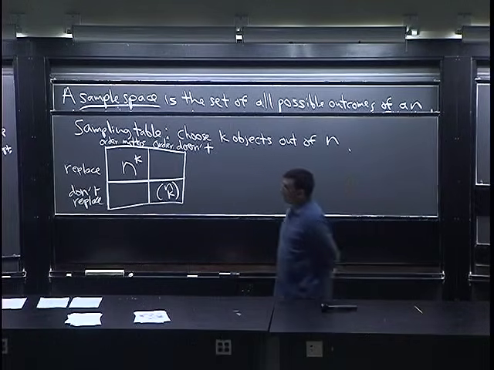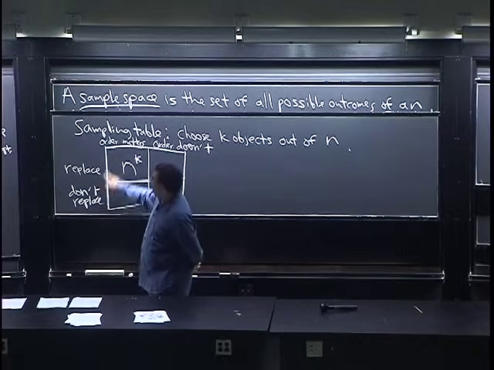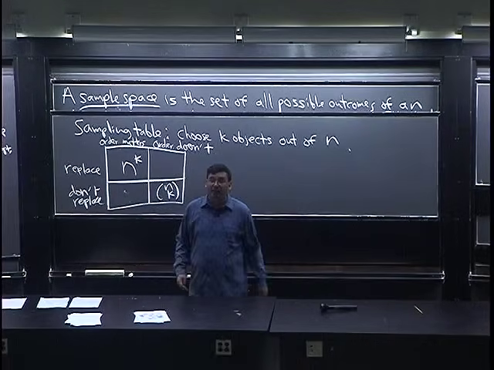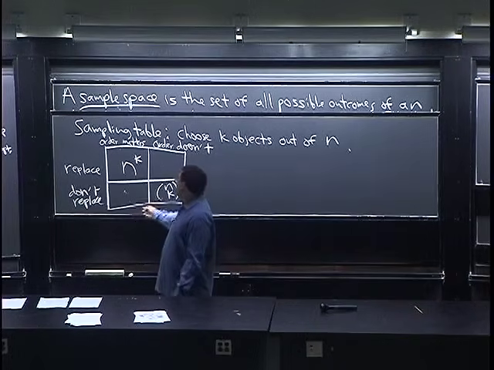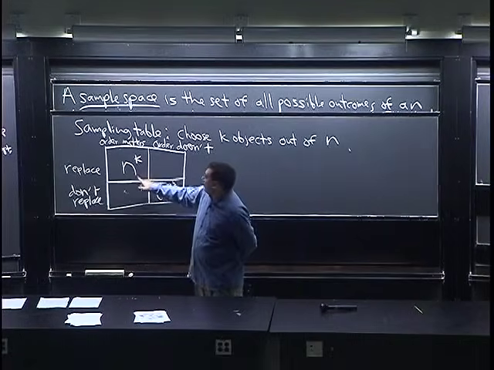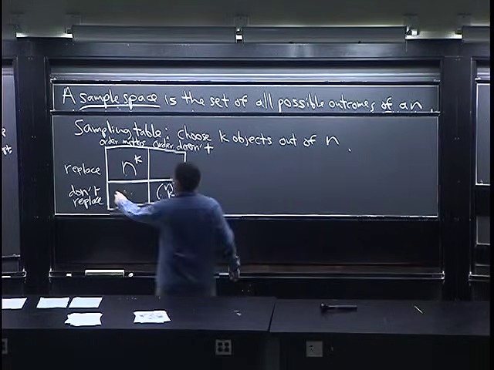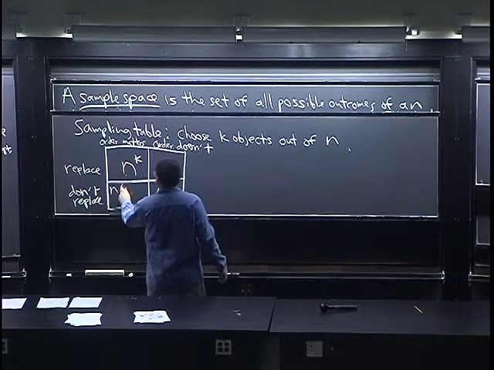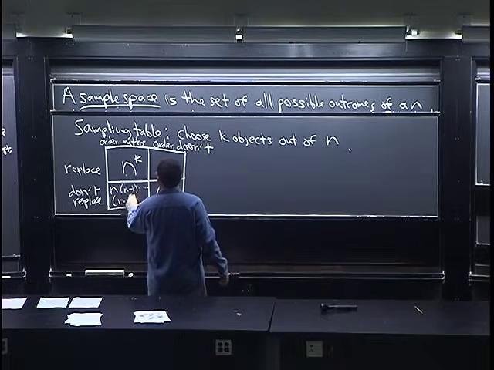Okay? Now let's think about this one. Order matters, and we pick without replacement. Again, it's immediate from the multiplication rule. So you don't have to memorize. I don't want you to memorize this table. I want you to understand why this is immediate, this is immediate, this is immediate. Well, I didn't write it yet, but it's n times n minus 1, and so on, all the way down to n minus k plus 1.